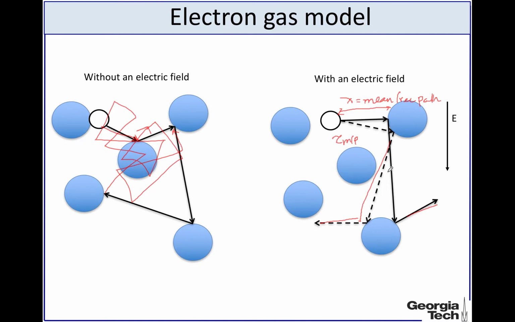All right, so let's derive some relationship of the mobility based on this model, and this model is called the electron gas model. So let's derive an equation for mobility.